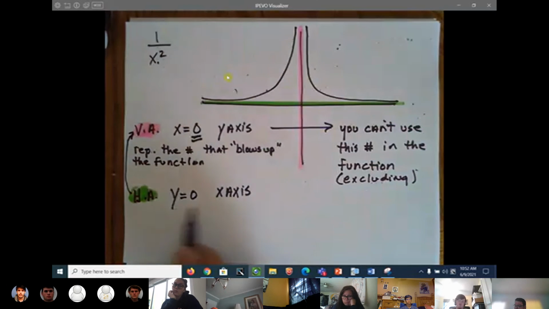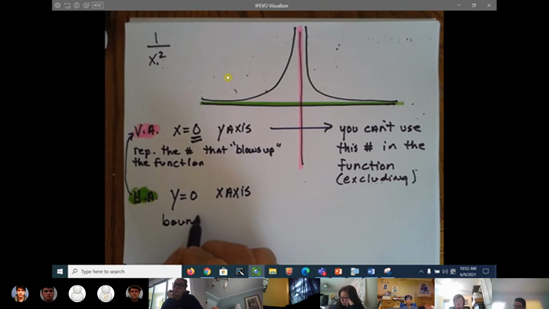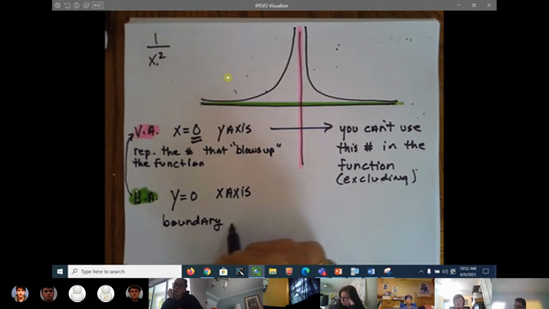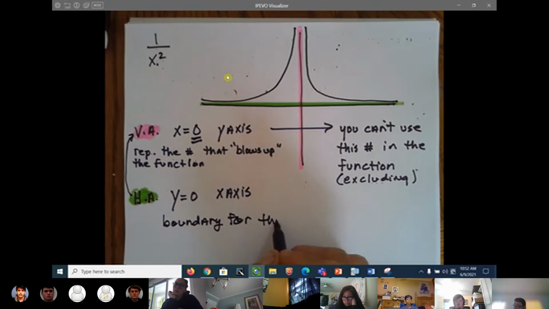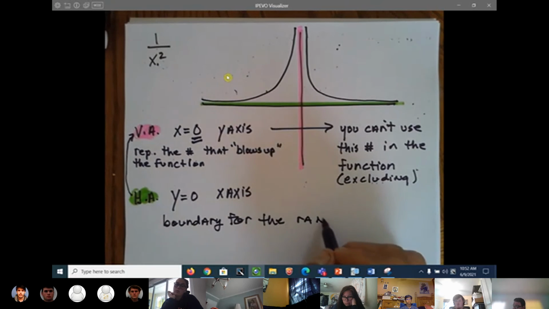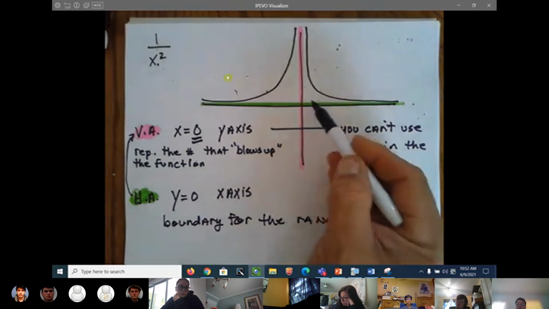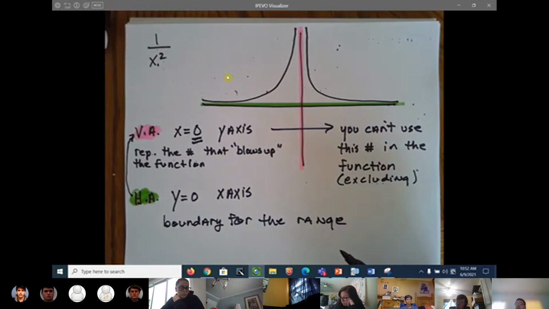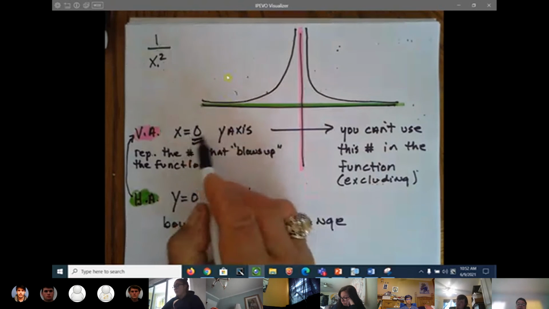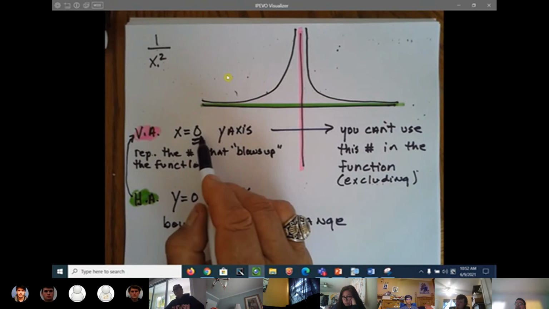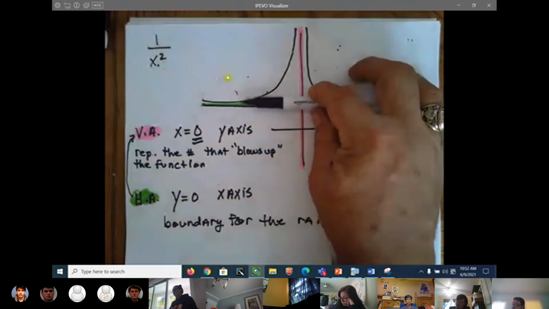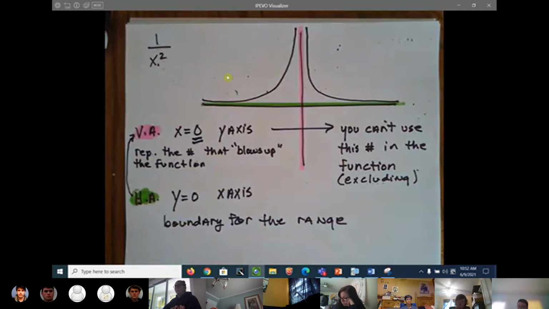So the vertical asymptote is the boundary for the range. So my range cannot be below 0 because I cannot use 0. Okay.